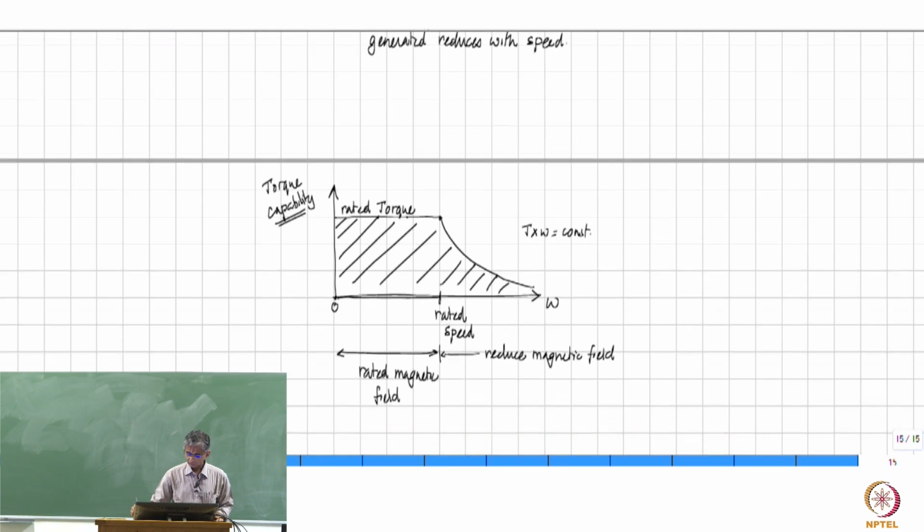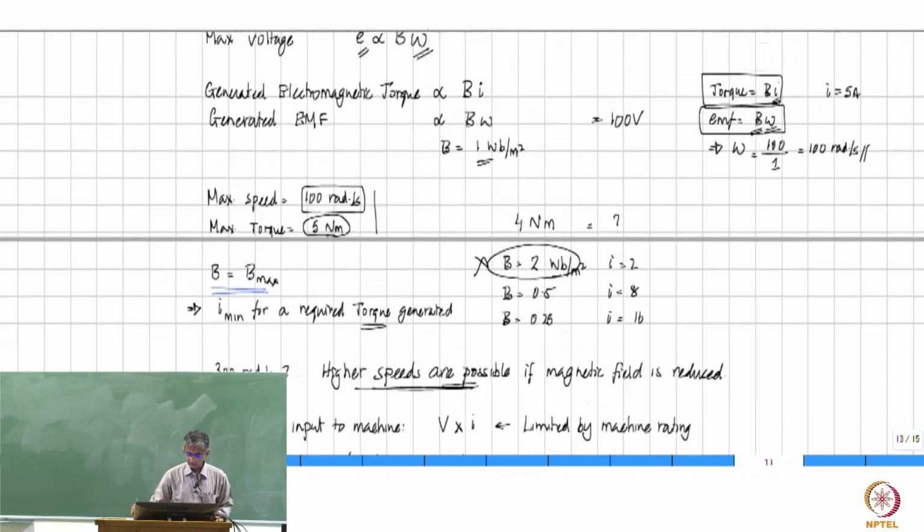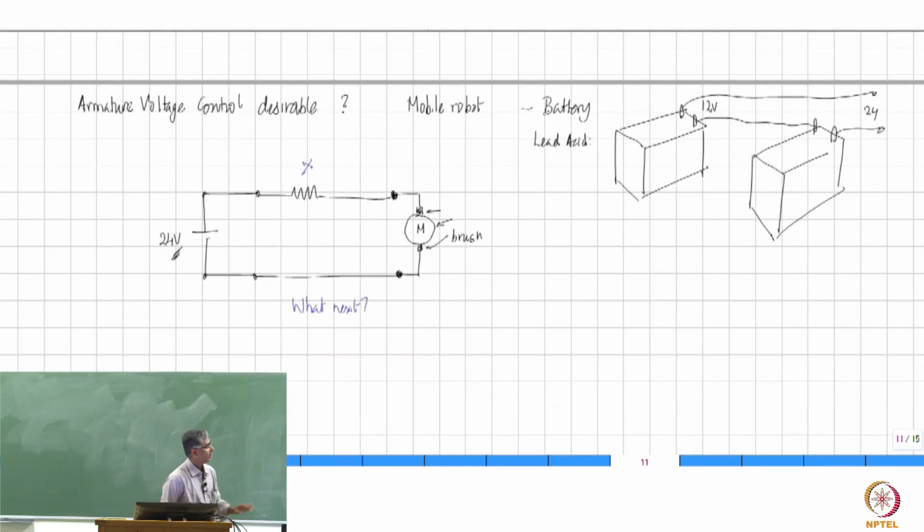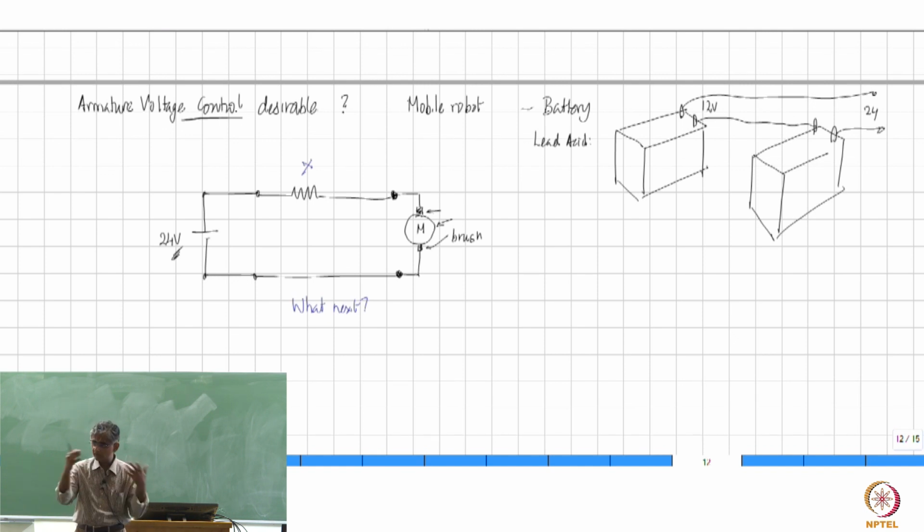Now, having said all this and having come to an understanding in the last class that armature voltage control is the desirable mode for controlling the speed, and in most cases you don't have a voltage source that is automatically variable, you have only a fixed voltage source available, and from that fixed voltage source you have to generate a variable voltage for running the motor under various conditions.